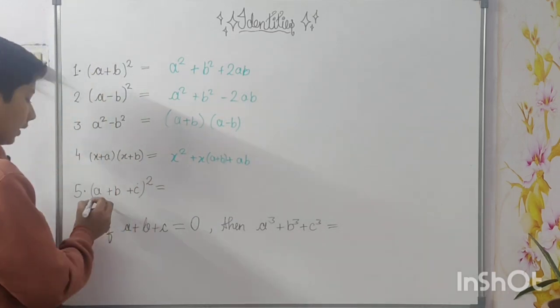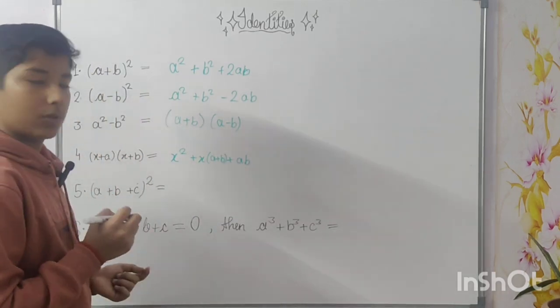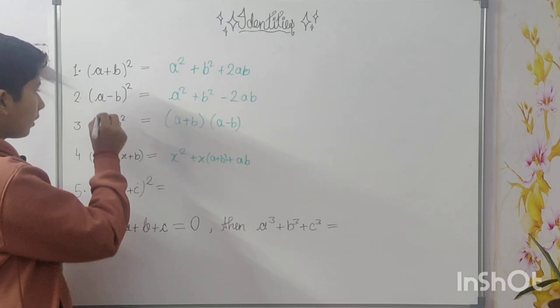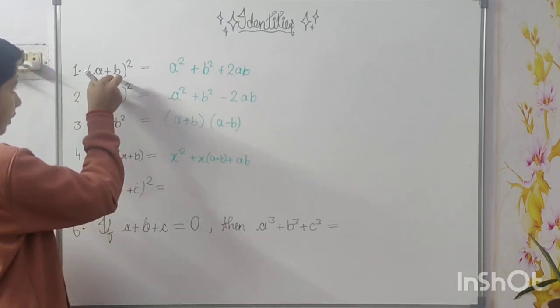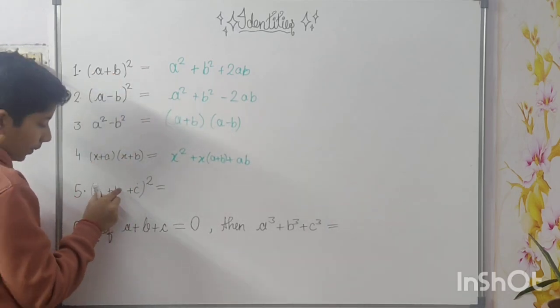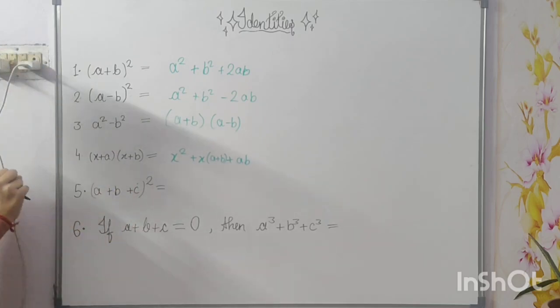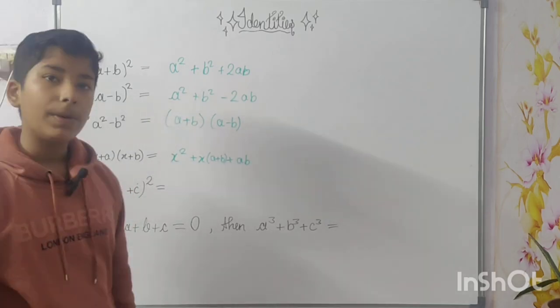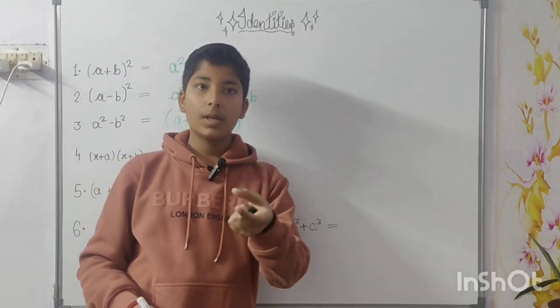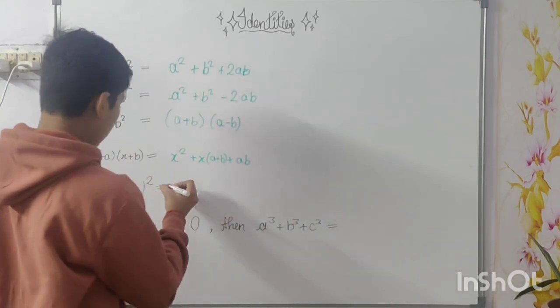Now a plus b plus c whole square. This is the same as this. Firstly we would do a plus b whole square, then b plus c whole square, then a plus c whole square, but the a plus b whole square will come only once.